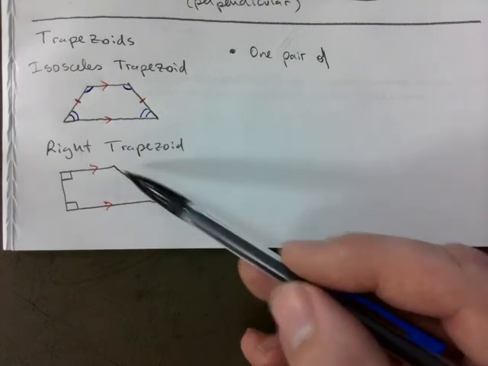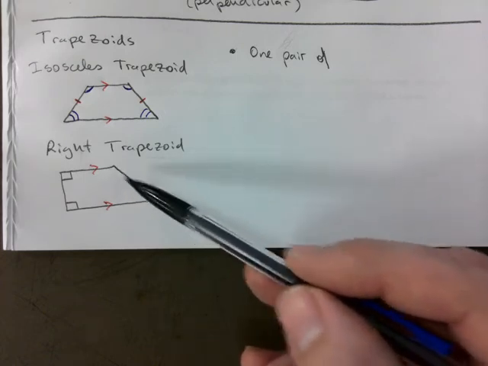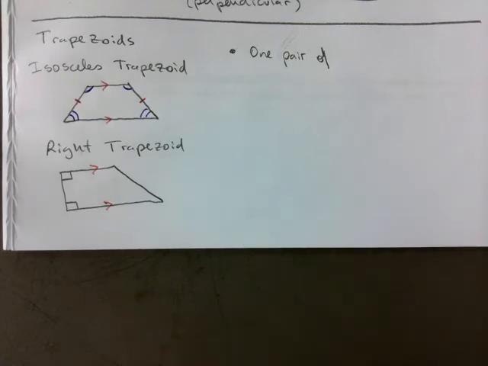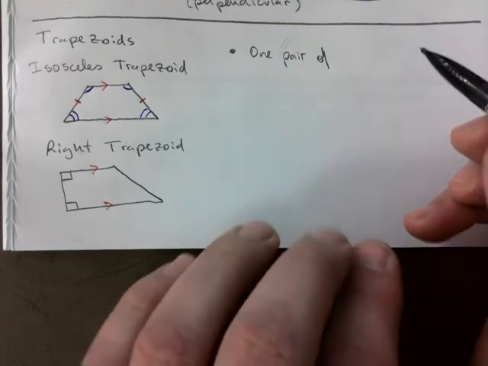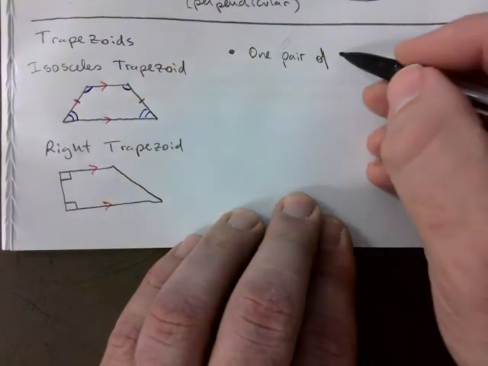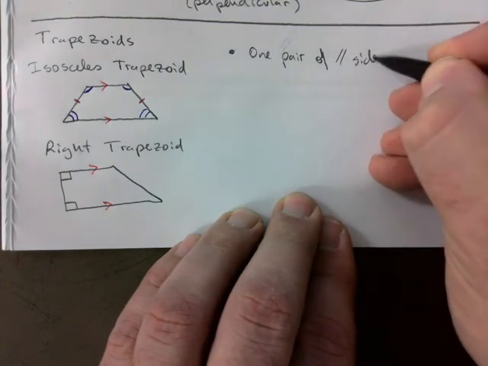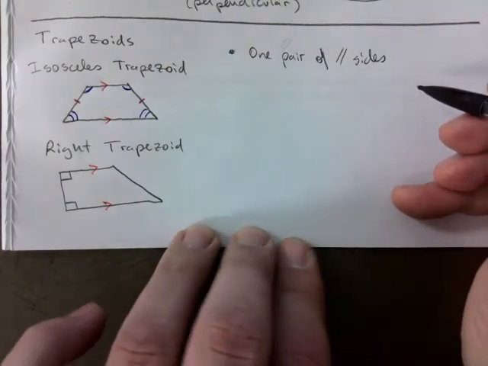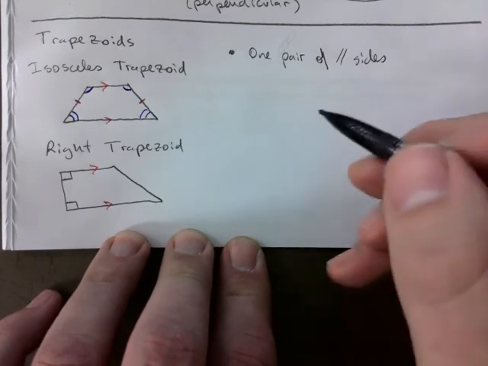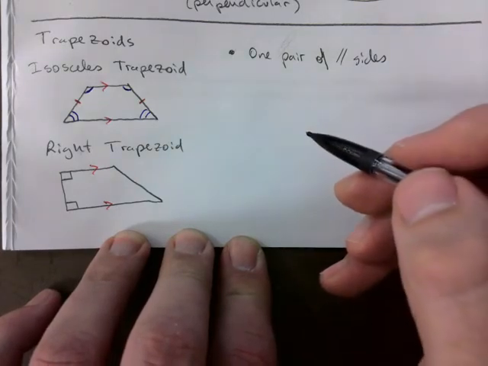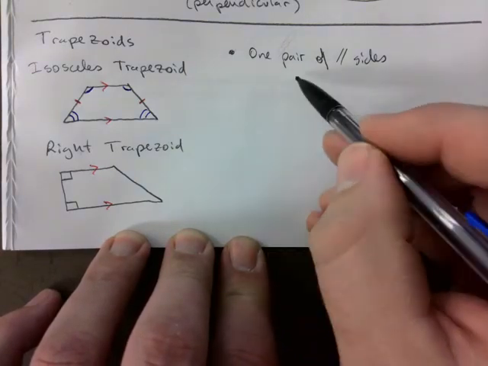We don't know that these are the same, right? Like it will actually never be the same. But there's something that I'm going to add at the end that's going to help you big time. One pair of parallel sides. That's the only thing they have in common.